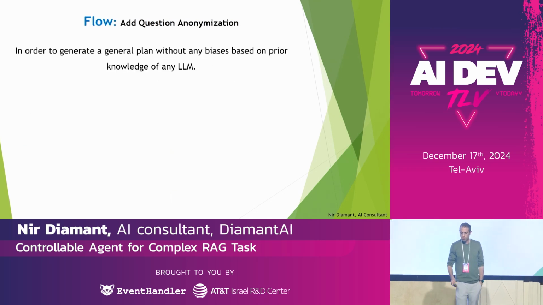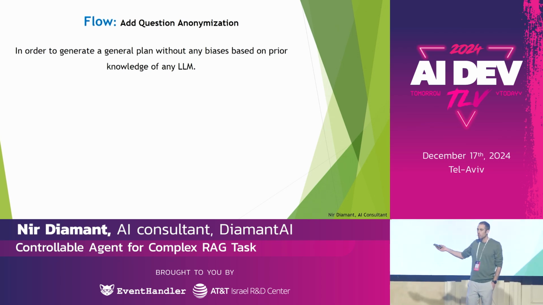The flow. So I added an additional component to this, which is question anonymization. This is to avoid any kind of prior knowledge or biases that the LLM has. For example, ChatGPT knows Harry Potter, right?